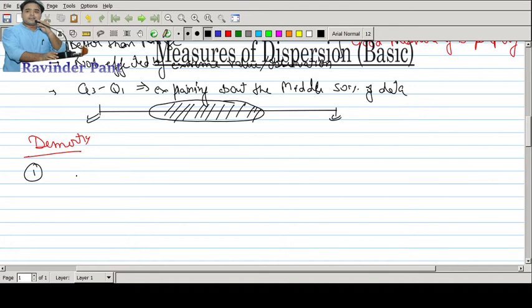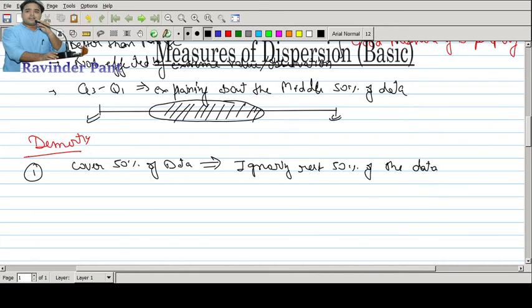But since this covers 50% of the data, it is ignoring the rest 50% of the data, which is again ignoring half of the data set, and yet you are claiming that measure to be explaining the dispersion among the data.